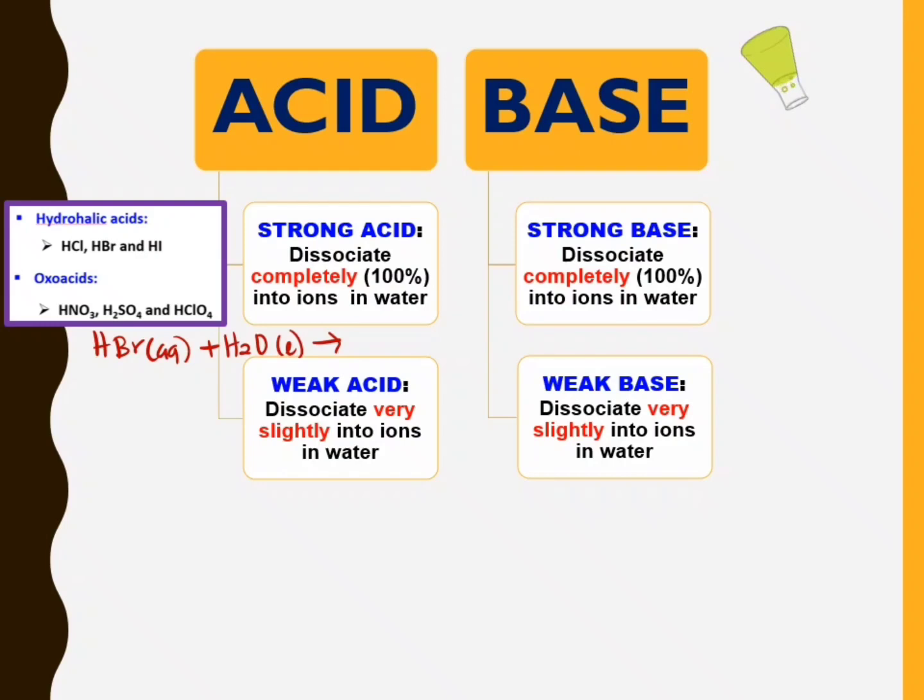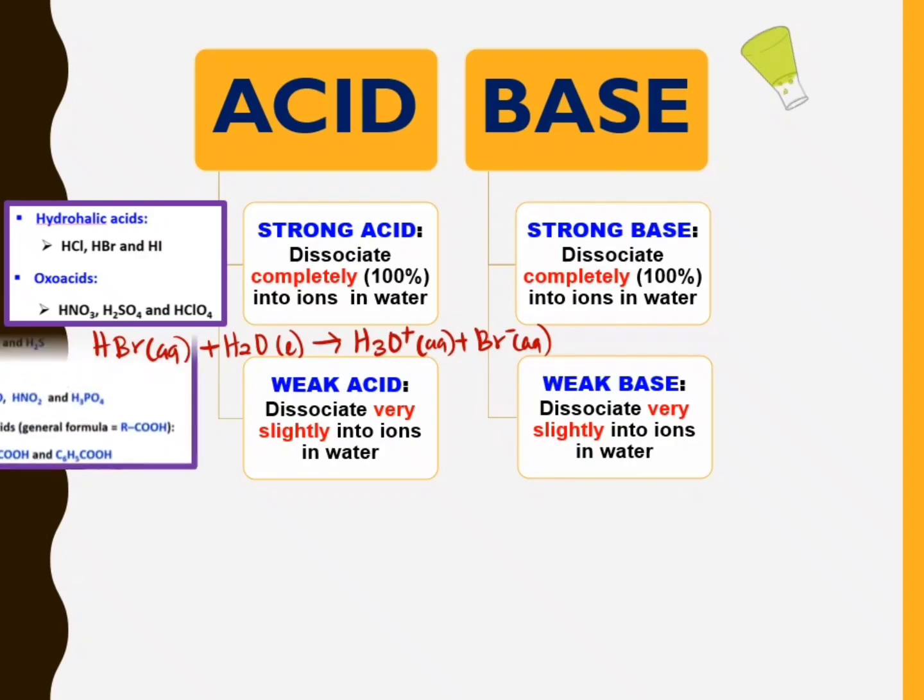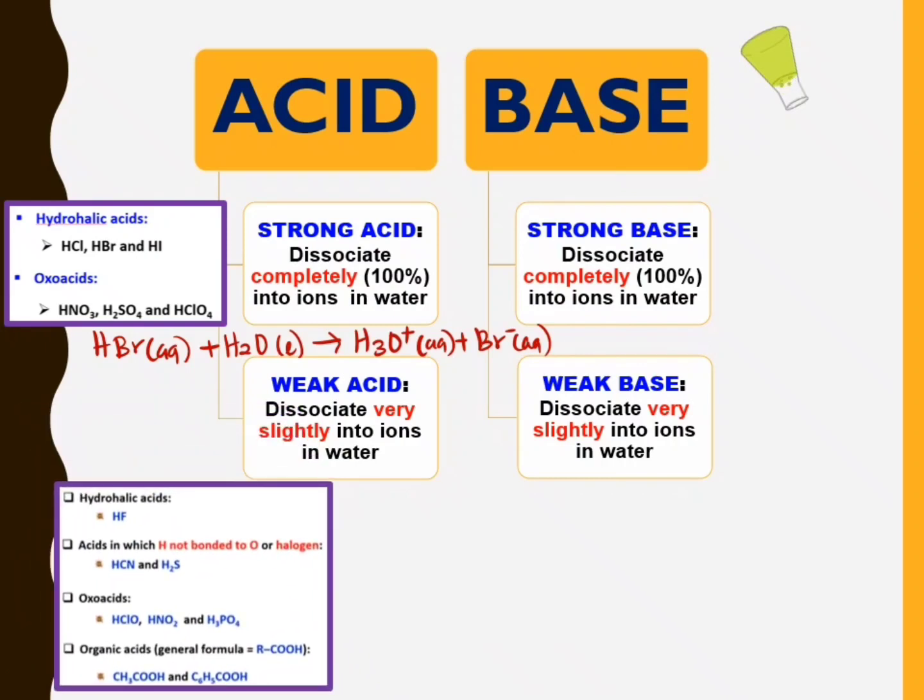Okay, so you akan dapat H3O plus aqueous, okay, plus Br minus aqueous. So kita akan guna straight arrow tu. Boleh? Okay, but for weak acid, okay, so this example of weak acid.